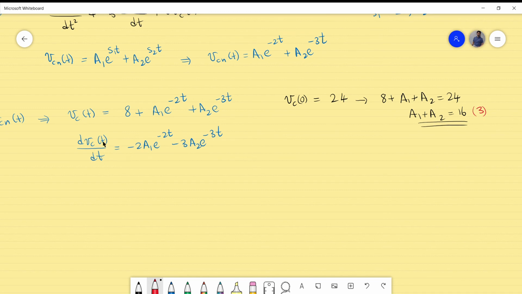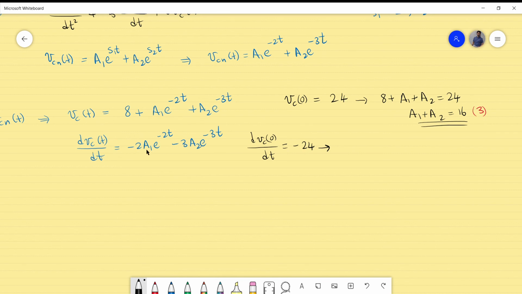Let's fill in here for time equals 0. What you get is the following. At time 0, I had minus 24. Now let's fill in 0 here. That will actually make this again 1, and these again are exponential terms.